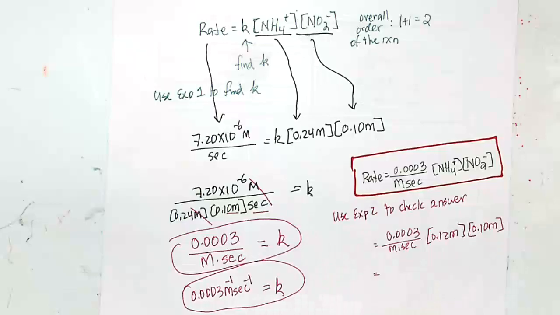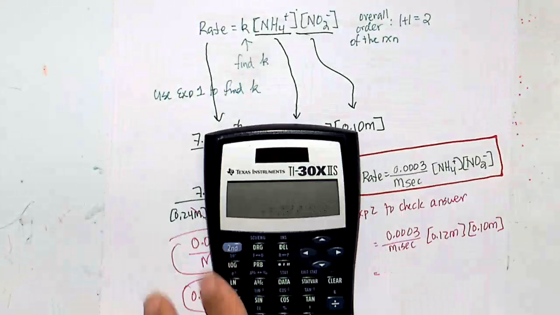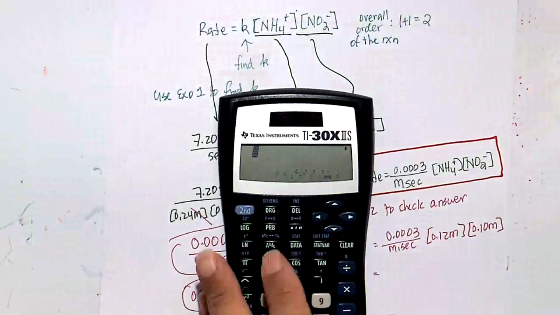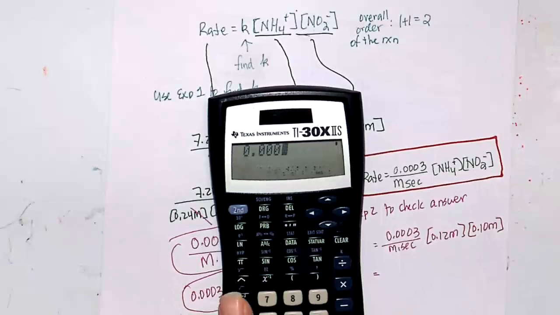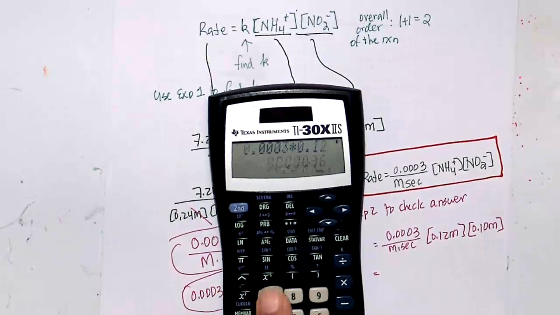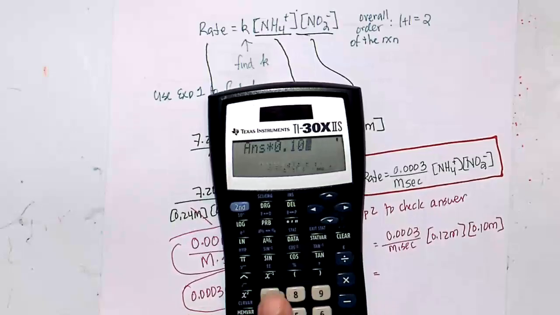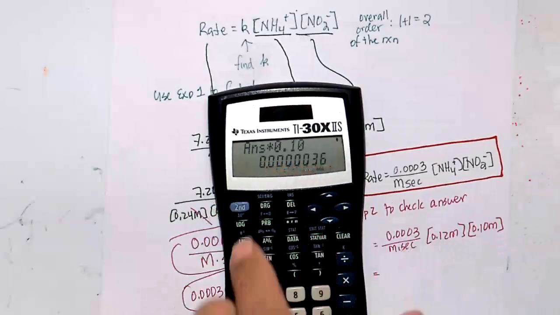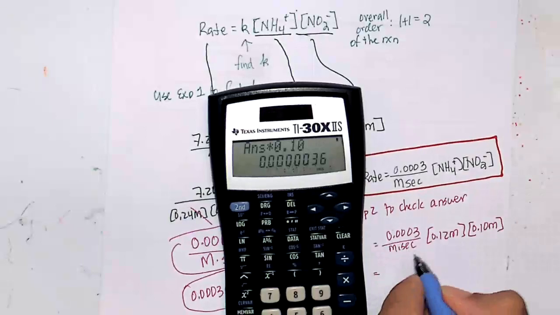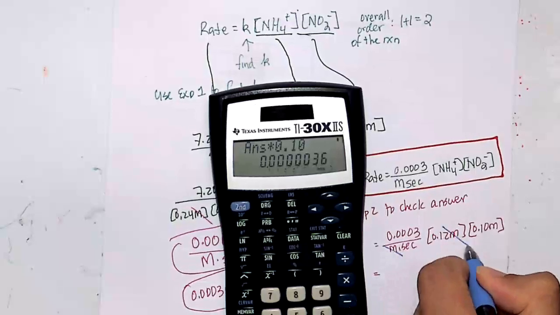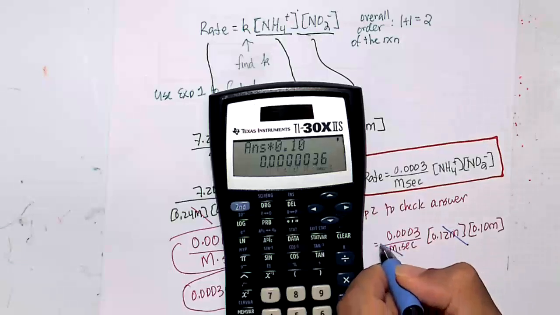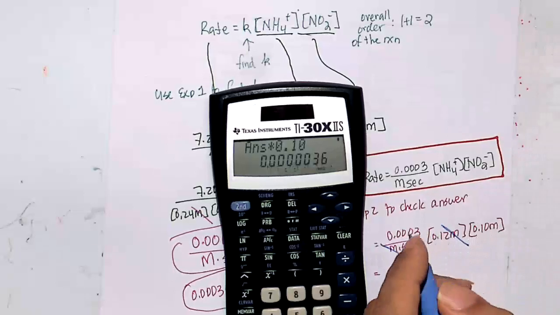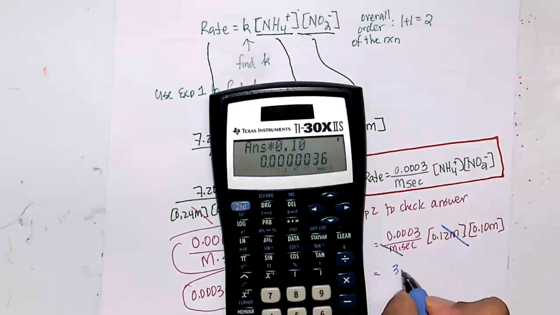So what is this equal to? Okay, let's check it out. Three times 0.12 times 0.10. 3.6 times 10 to the minus 6. Okay, this m cancels out with that m. Everyone see this? This m cancels out with that m.